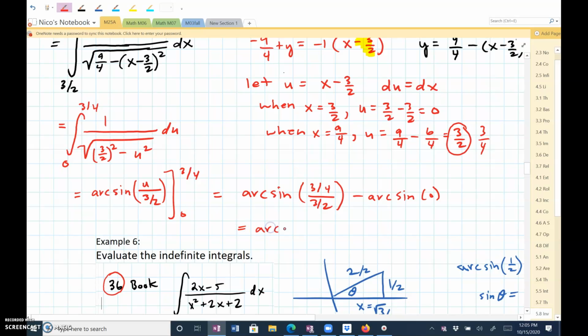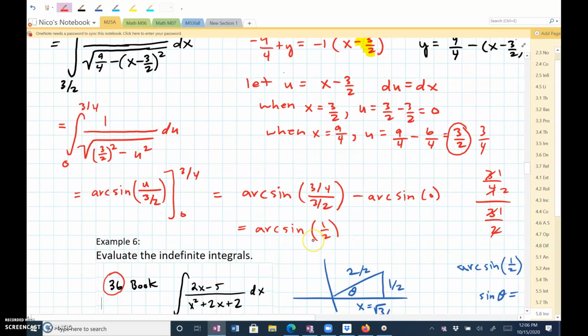So let's see, 3/4 divided by 3/2 is going to be 1/2. Arc sine of 0, that's just 0.